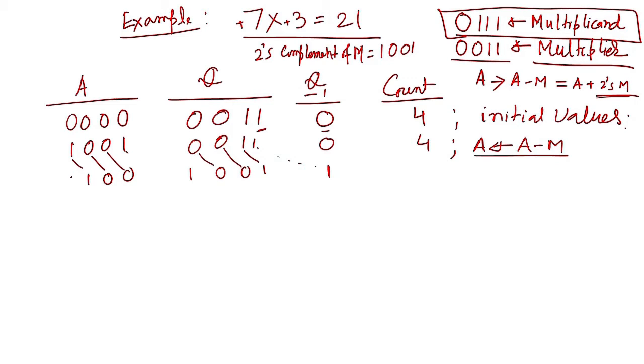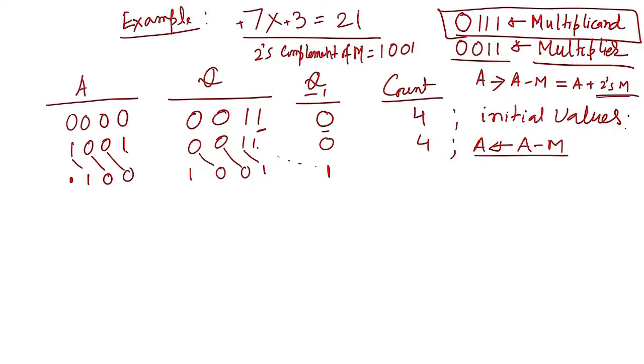And what will be the value here? If we only say right shift, then this should be 0. But if we say arithmetic right shift, it is an operation where we retain the most significant bit value. That means, even though it is shifting 1 here, it will be copied here again. So, it should be 1, it is not 0.